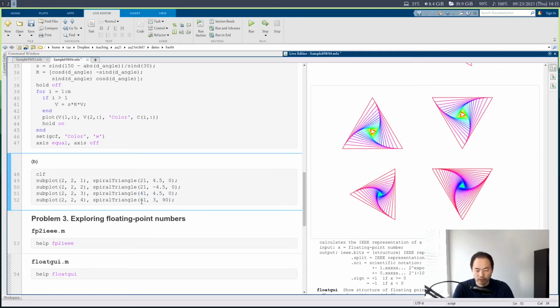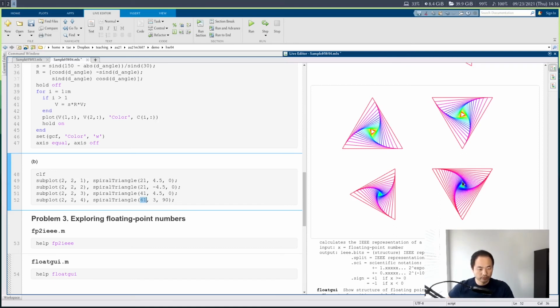Lastly, we are putting in 61 triangles, so it looks much more condensed. And 60 times 3 is 180 once again. So here we have the innermost triangle over here, rotated by 90 degrees.